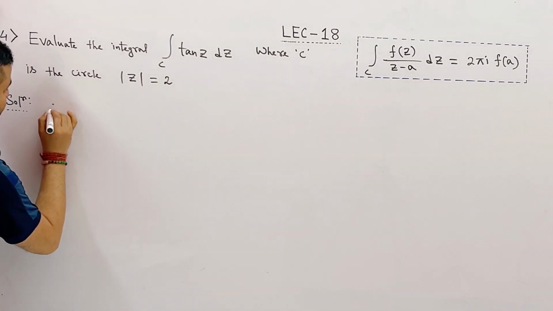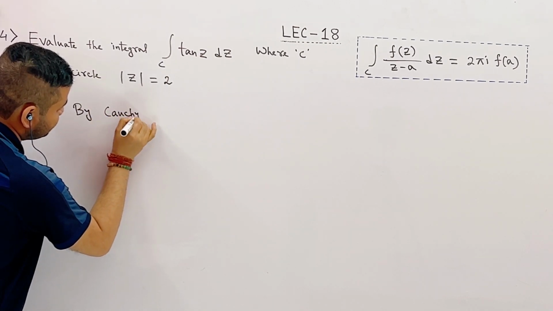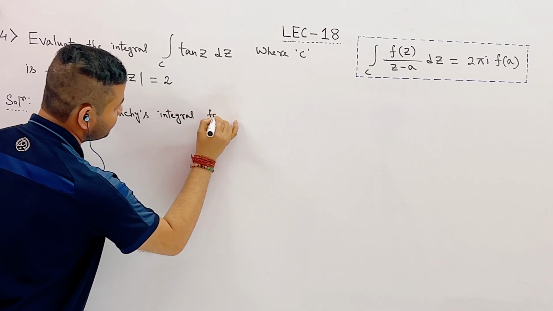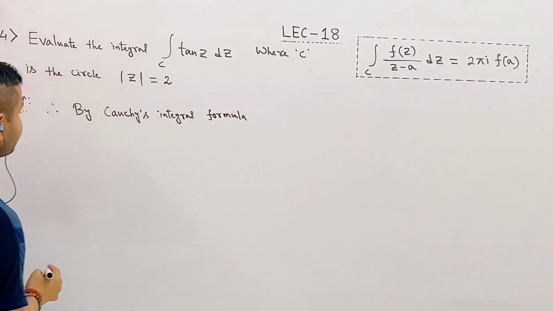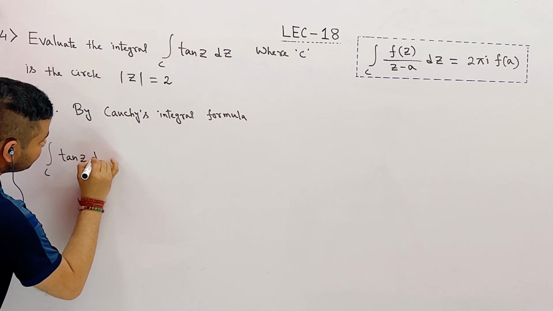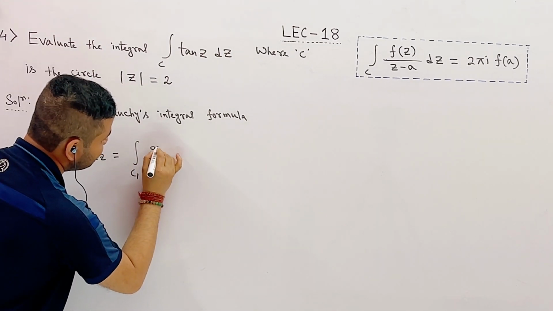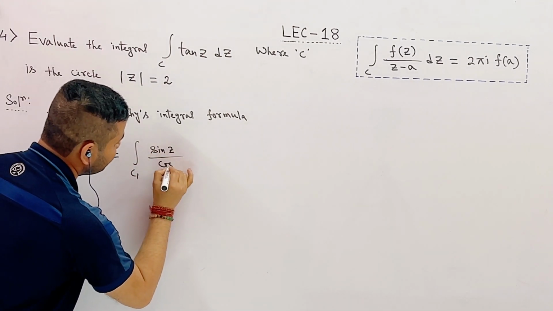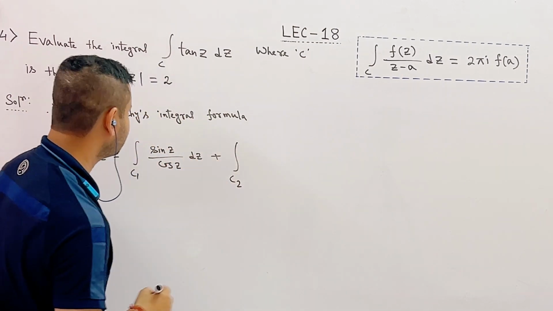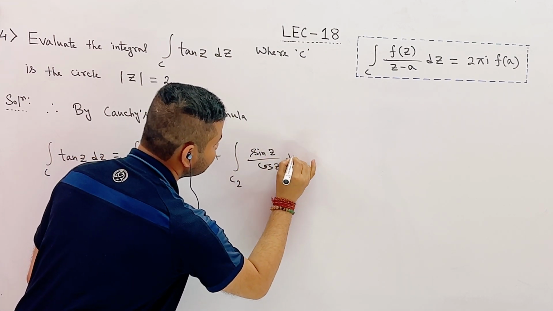So therefore, by Cauchy's integral formula, we have integration along curve C tan z dz is equal to integration along curve C1 sin z divided by cos z into dz plus integration along curve C2 sin z divided by cos z into dz.